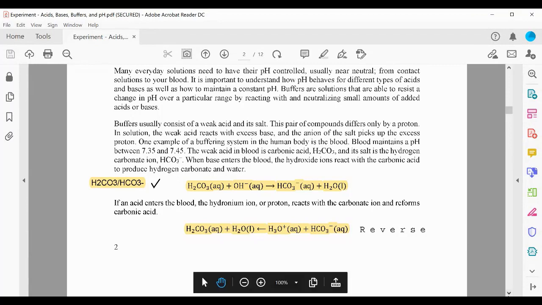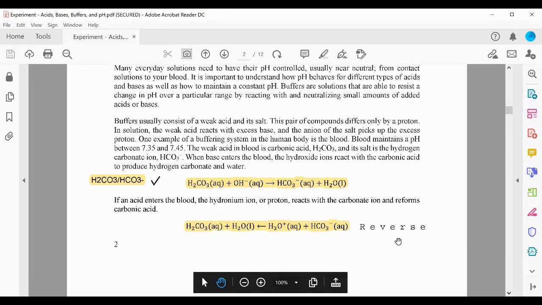So this is just the background they are giving us, but we will study how buffered solutions and unbuffered solutions are affected by the addition of an acid and a base. So when we get there, you will know how it works.